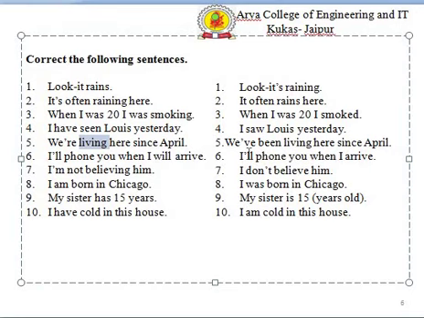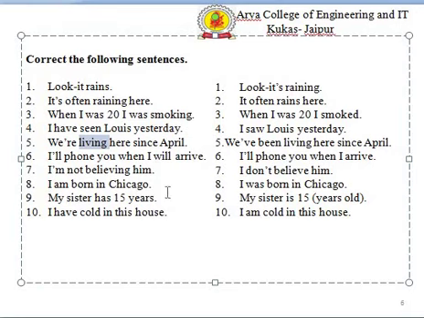So will is always connected with the tense present simple. So future simple comes with present simple. I'm not believing him. So I don't believe him. So it is not an instant action. So it is something, a habit. So we describe habit in simple. I don't believe him. It's a negative habit.